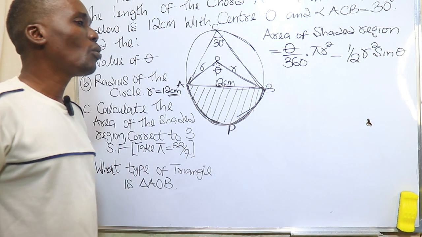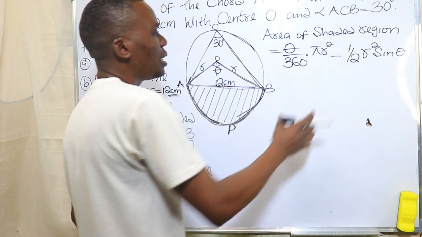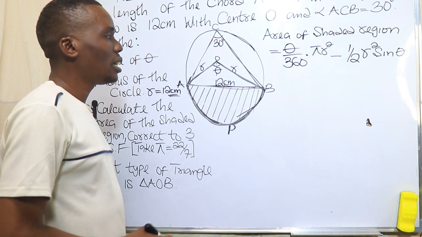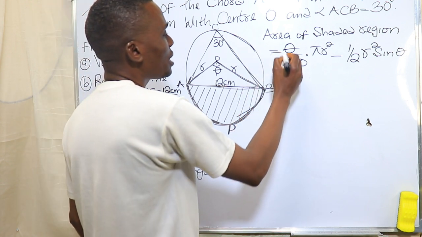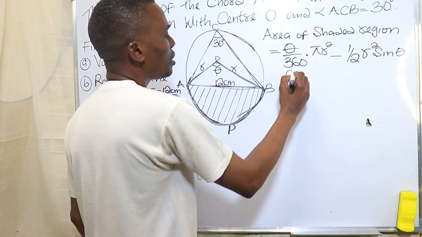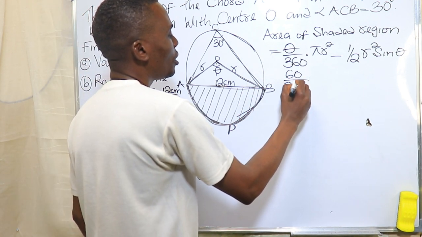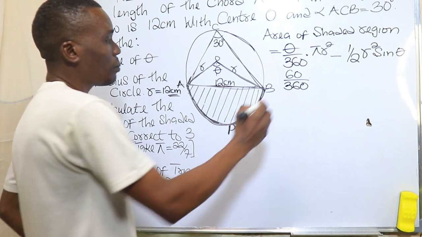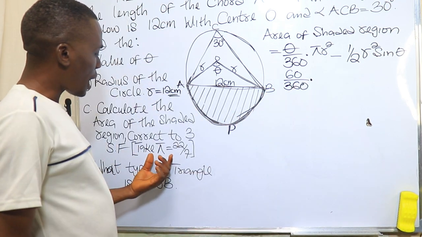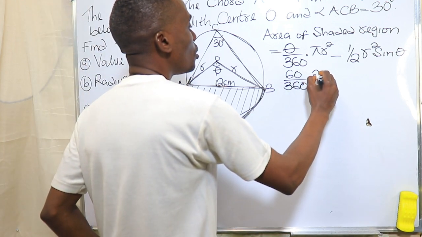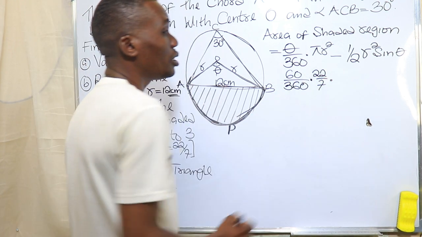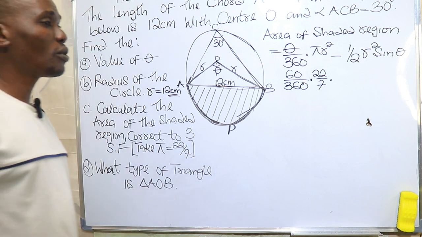If we look at this, we want to analyze it, and from this we can find the area of the shaded part. From this we can see that theta is 60 degrees divided by 360, right? This is 60 multiplied by, they told us that our pi is 22 divided by 7, multiplied by the radius, 12 squared.